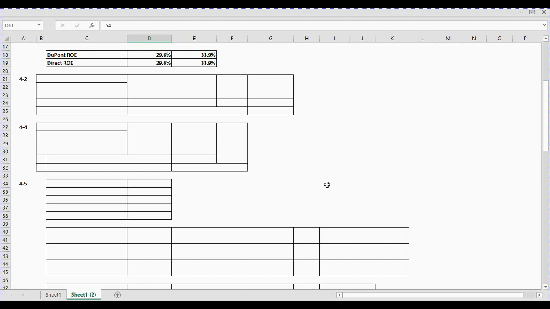In number 2, we're going to be looking at EBIT and EBITDA, I believe, in this one, but the bottom line is we're going to be calculating return on invested capital. So let me just highlight all this and bring it up.